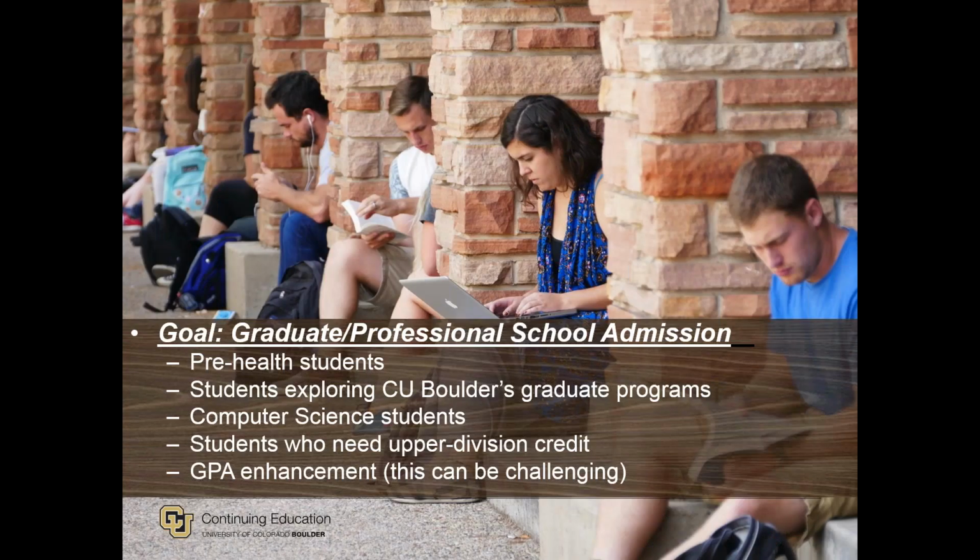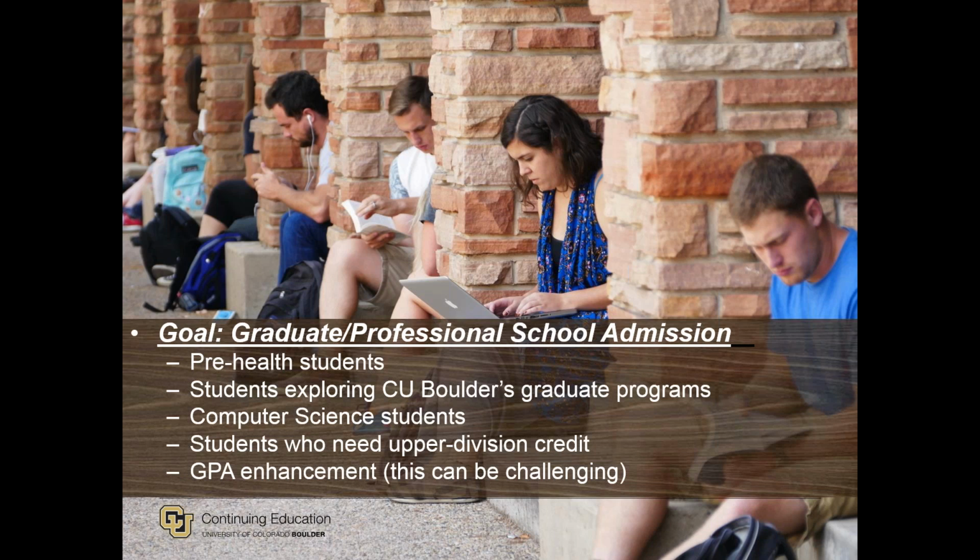Some of our students may be looking at graduate school admission or professional school admission. And so this process can be certainly a little bit different, but a lot of the same concepts still apply. Students looking at graduate school may be pre-health students looking at getting into a health profession. They may be career changers. You may be looking at exploring some of CU Boulder's graduate programs.